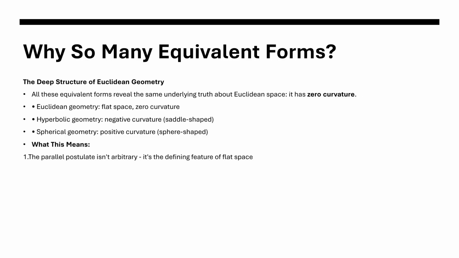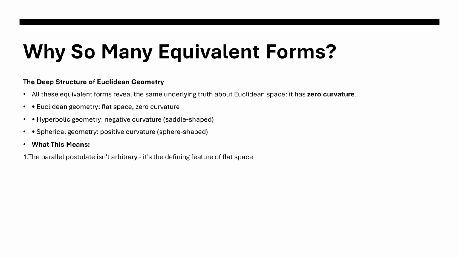Rectangles are only possible in flat space. The angle sum equal to 180 degrees is the characteristic of a flat triangle. Exactly one parallel is the property of flat planes.